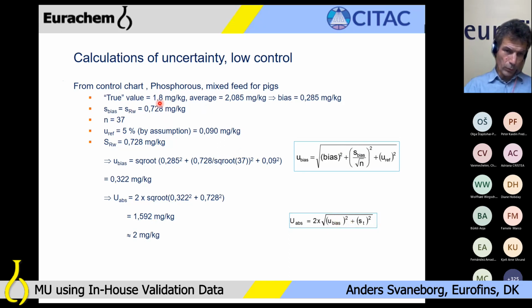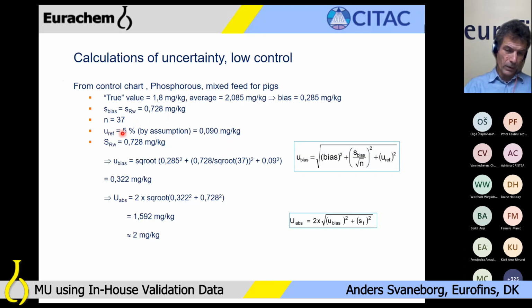So the true value is 1.8 milligram per kilo. The average is 2.05. So the bias is 0.285 in absolute values. So that gives us an S-bias at 0.728, and there's 37 data points.